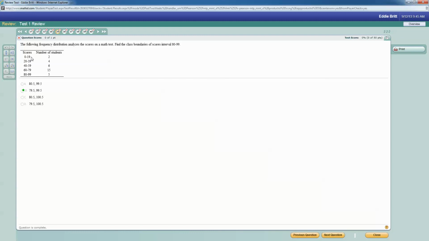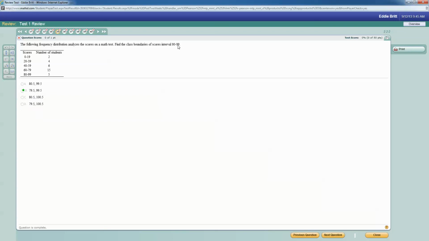On this, it's just 1 unit. Take that 1 unit and divide by 2, and you get 0.5. So the way that you get the boundaries for any class is you go 0.5 before the class started and 0.5 after the class ends. So if you say 80 minus 0.5, you get 79.5.